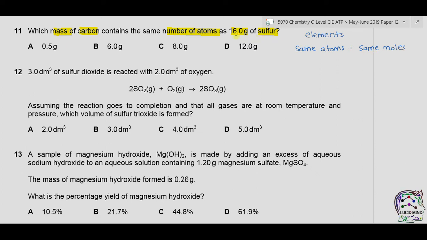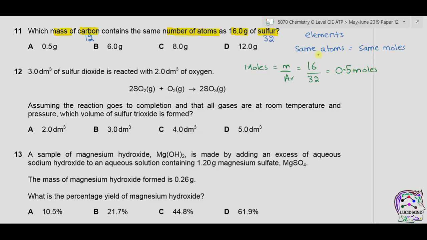Now let's find number of moles in 16 grams of sulfur. The atomic mass of sulfur is 32, while the atomic mass of one carbon atom is 12. Using the formula of moles, moles is equal to mass in grams divided by atomic mass. So for sulfur, the mass in grams is given, which is 16. Atomic mass is 32. So the number of moles in 16 grams of sulfur is 0.5 moles.